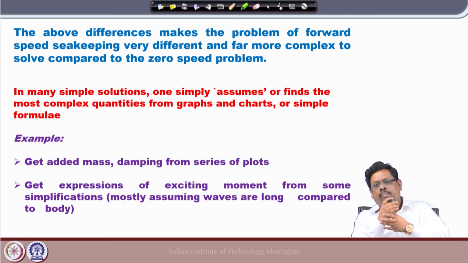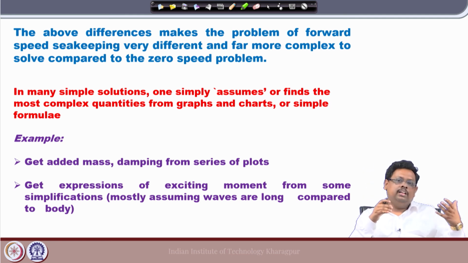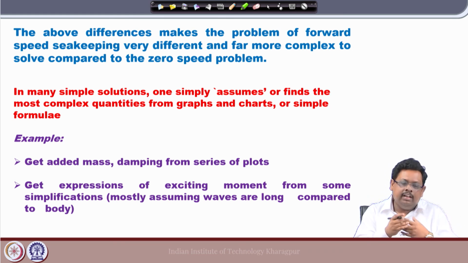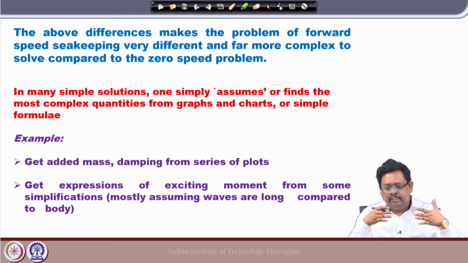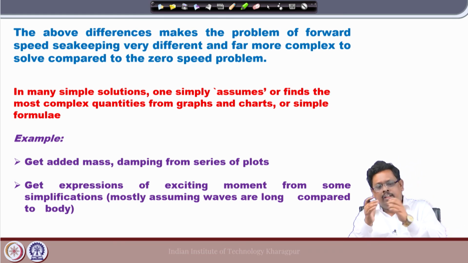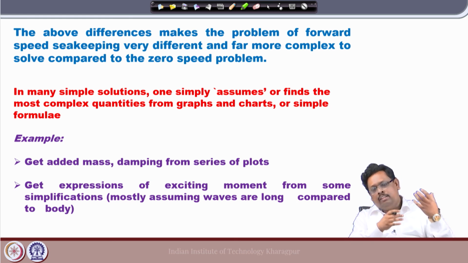For example, the added mass. If you want to solve for the added mass, you have to deal with all these radiation components, find the velocity of this water plane, and the same terms to get the added mass.